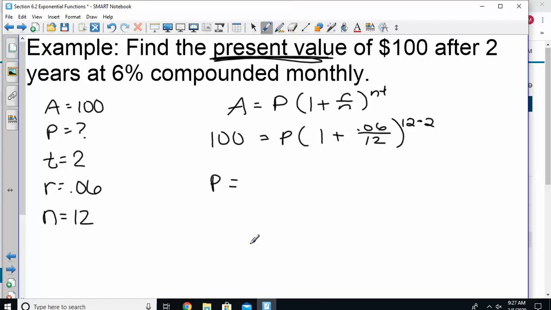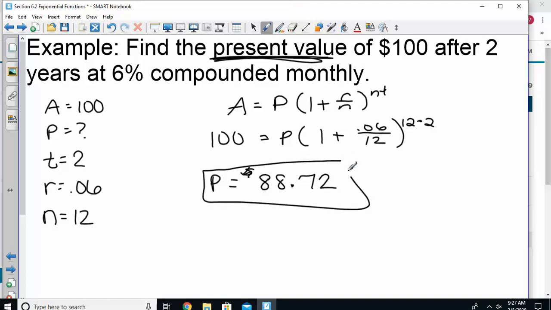Should this number be more or less than 100? Less. We want to end with 100, so it should be less right now. I believe we should get $88.